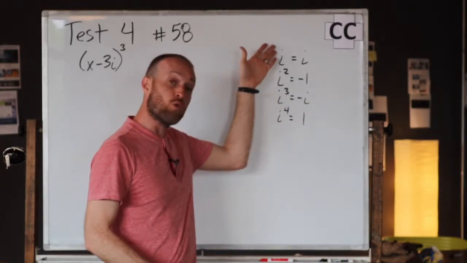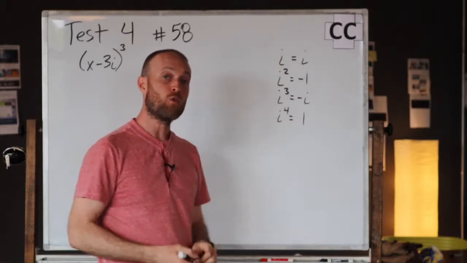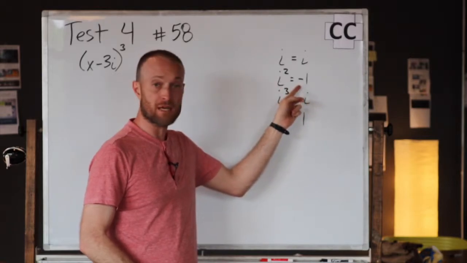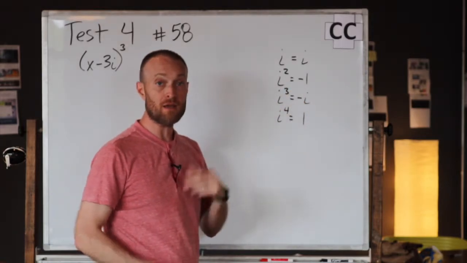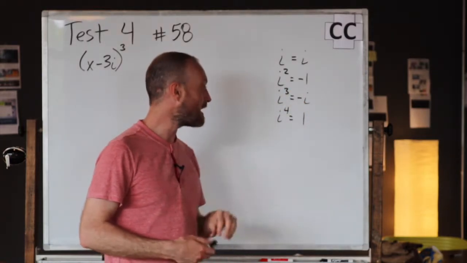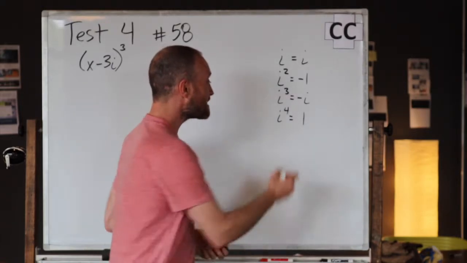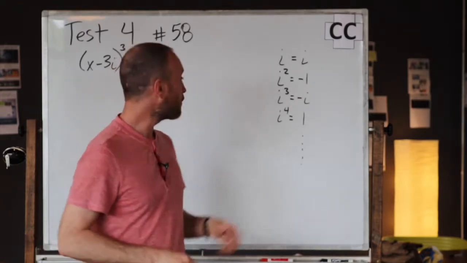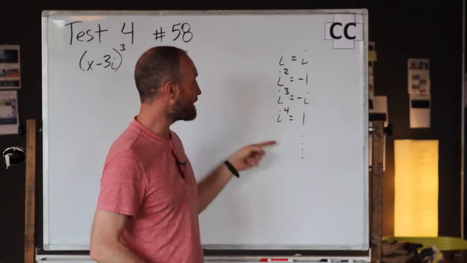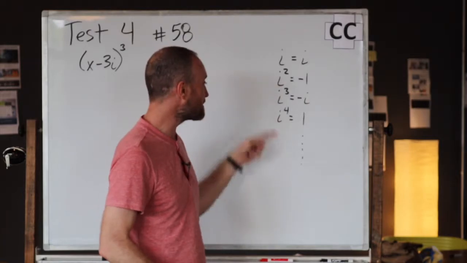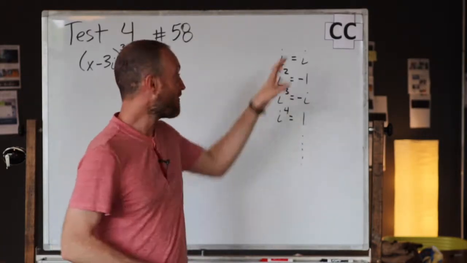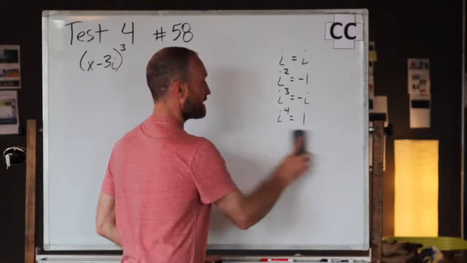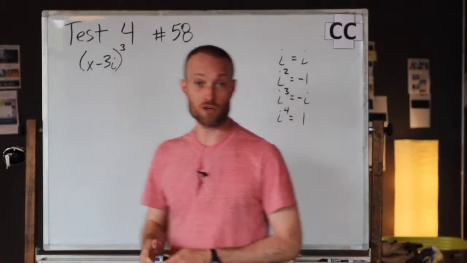But there's a pattern when you have i multiplied by itself. i squared is always going to be -1. i cubed is going to be the opposite of i, or negative i. And i to the 4th is always going to be 1. And this pattern just continues and repeats. So i to the 5th would be i, i to the 6th would be -1, i to the 7th, so on and so forth. That's really important for this problem. So that's the first kind of point of concern here.